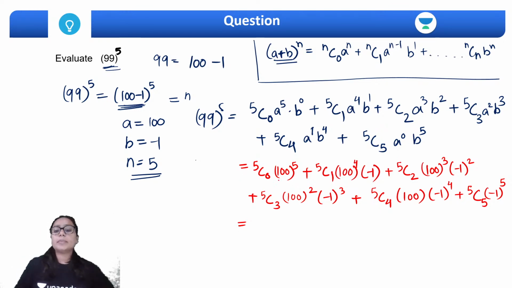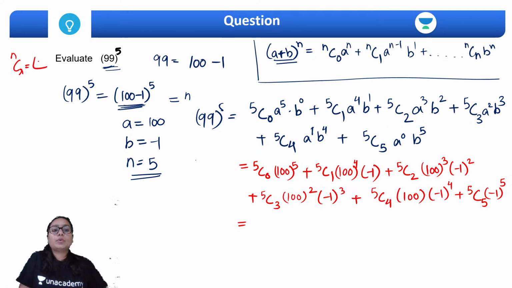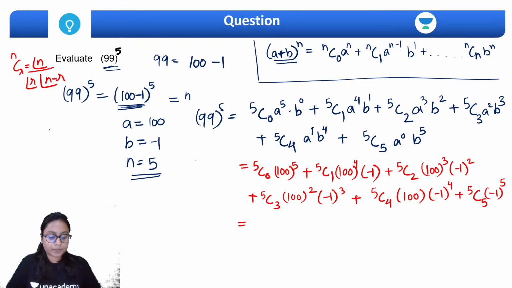Yes, please tell me what is the value of 5C0. Let us use this formula: nCr is factorial n upon factorial r into factorial n minus r. Please apply this here.